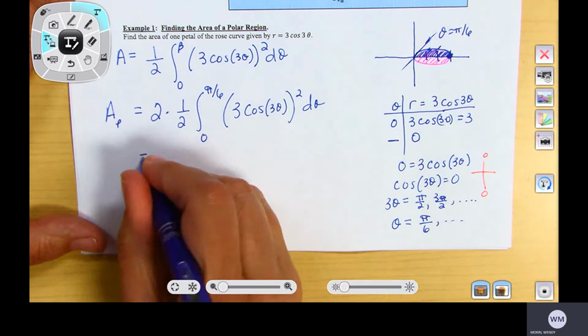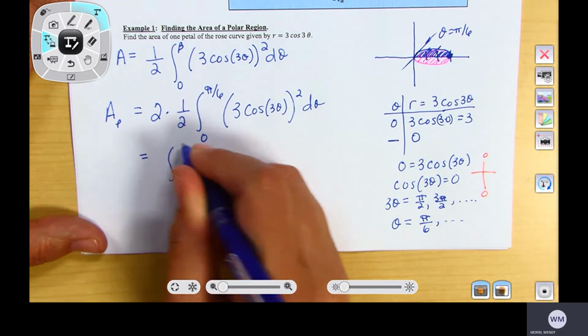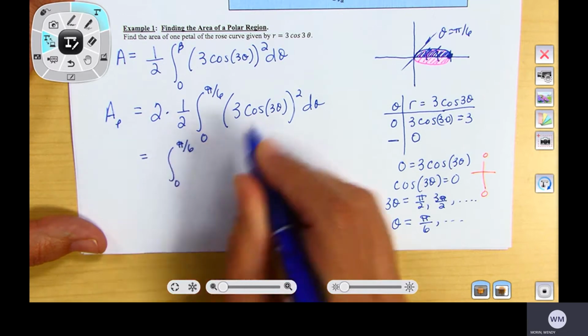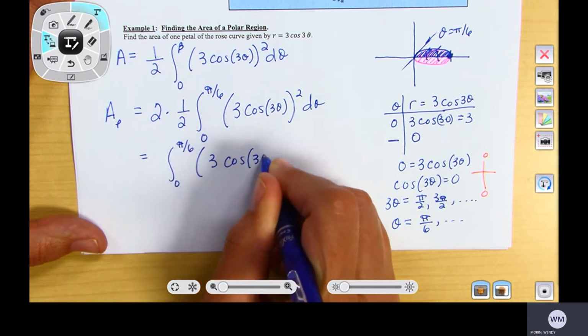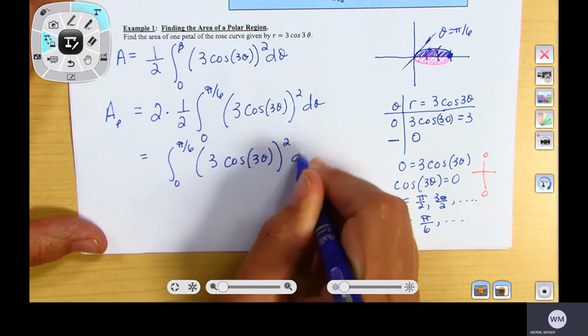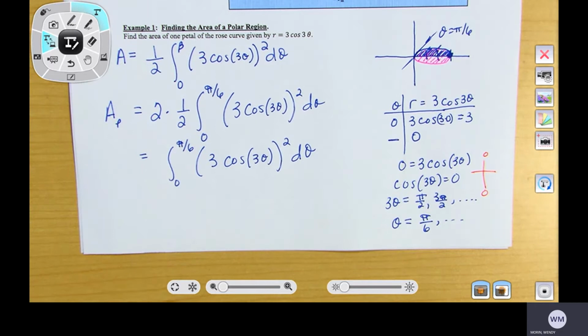Now the nice thing is, 2 times a half is 1. That's one nice thing. And the other nice thing is that this problem is either a set up but do not integrate, or it's a calculator problem. We're not going to have to integrate this by hand.